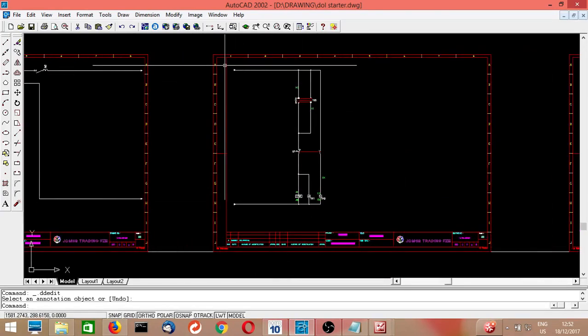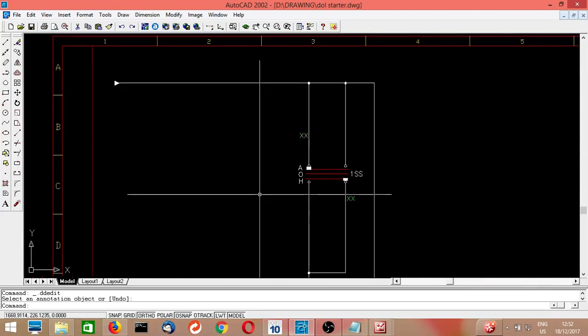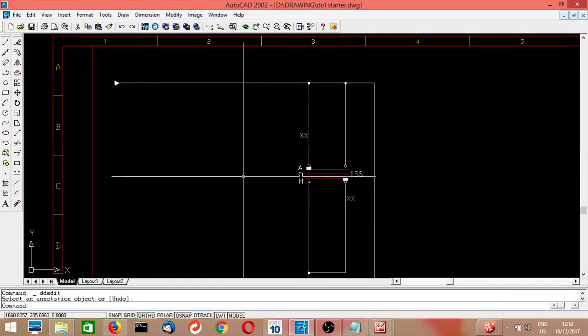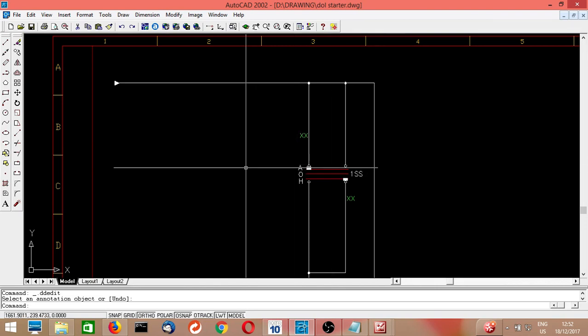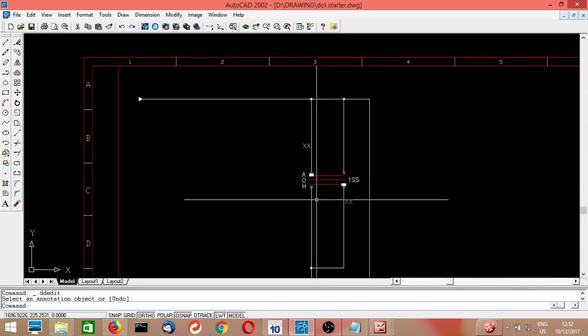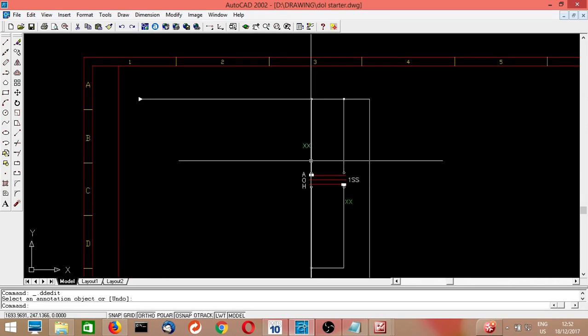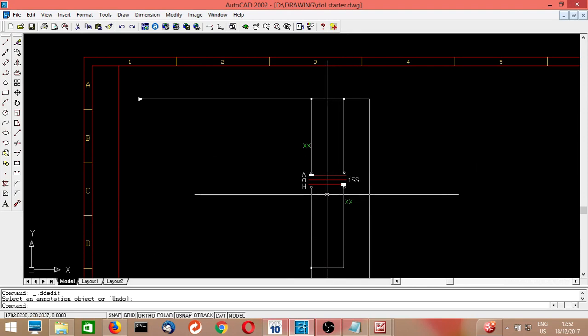This is 230 volts, and this is the selector switch. The selector switch has two different poles. When the switch is put on one side, that we call the auto side, and the other the hand side. When we put it in auto side, the supply will come through this side. When you put it in hand side, supply will come to the other side. The middle position is called off.